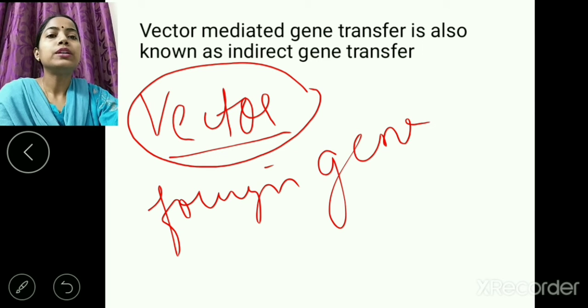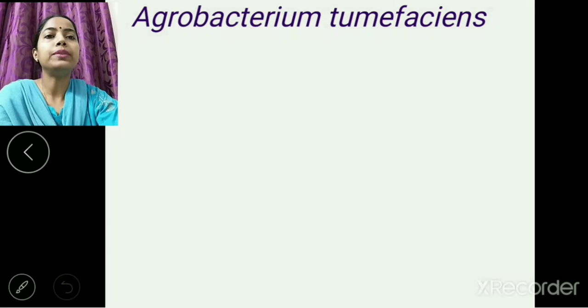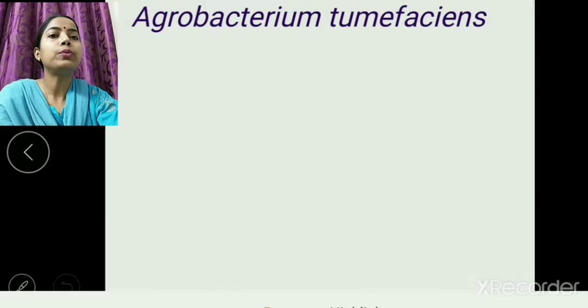Using such a method requires the presence of a suitable vector, and this particular vector is isolated from Agrobacterium tumefaciens.